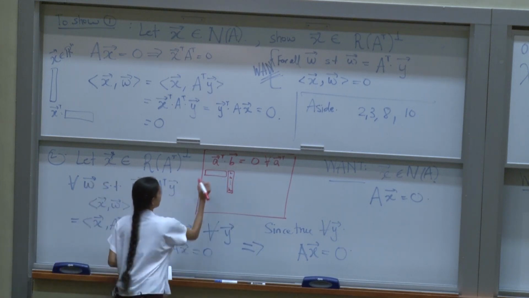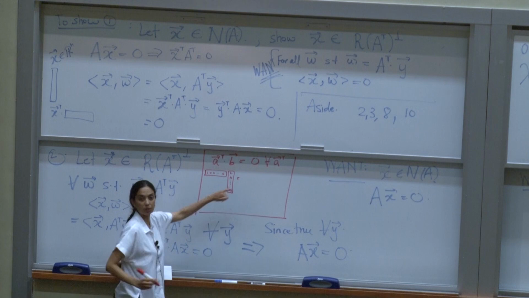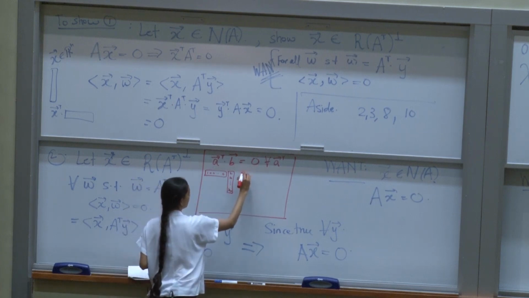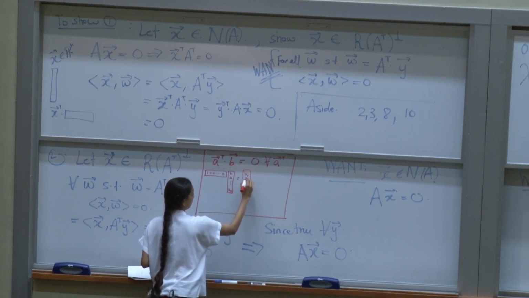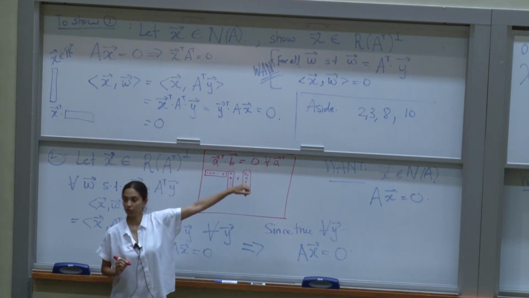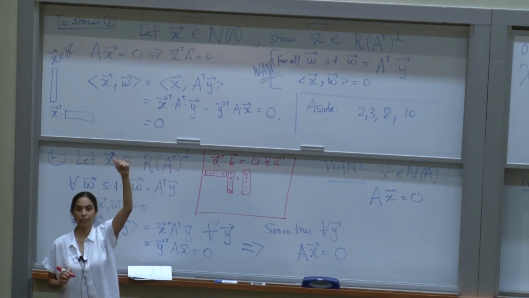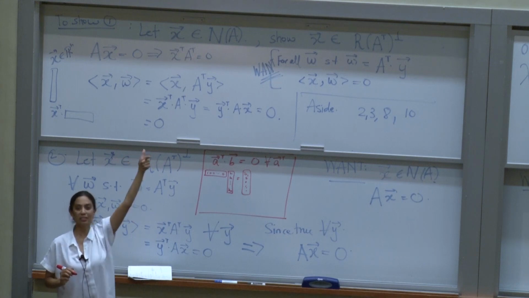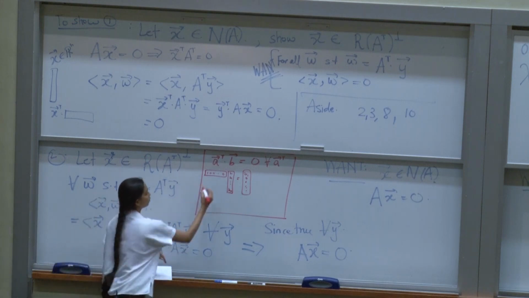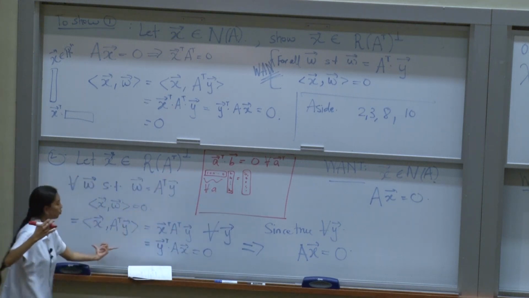I can pick A to be 1, 0, 0, 0. What does this equal to? This gives me basically just B1 followed by zeros, but this is equal to the 0 vector. What does that imply about the first entry of B? It must be 0. Can I do this for the second entry and the third entry? Because this is true for every A, I get the power to pick A. That's what I'm using here.